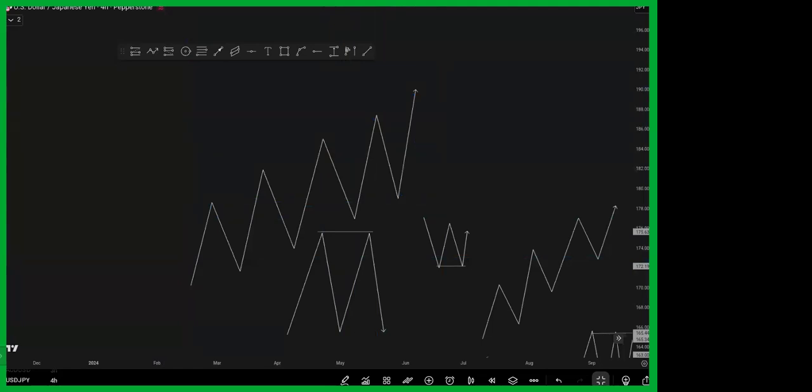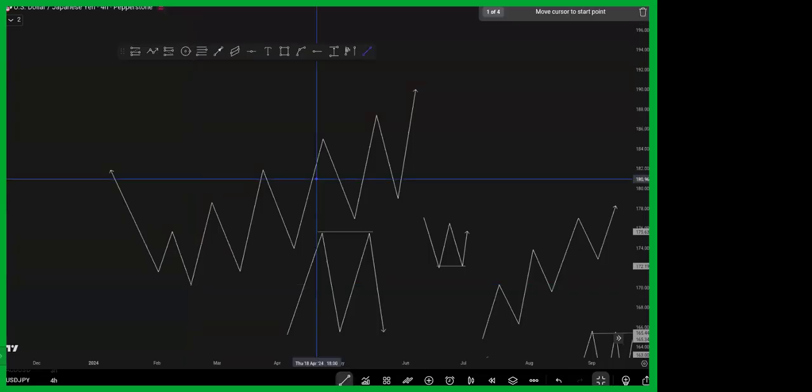Now, in a demand trend, just before that, let me indicate the supply trend that was in the market before. For a demand trend to actually start, the market needs to change the characteristics of the previous trend.